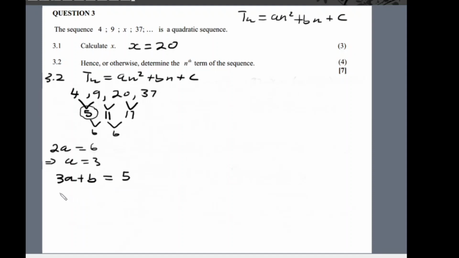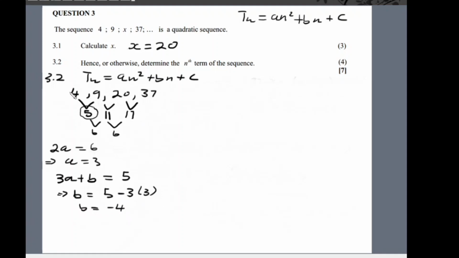Therefore b is equal to 5 minus 3a. 3a is 9, so 5 minus 9, therefore b is equal to minus 4.